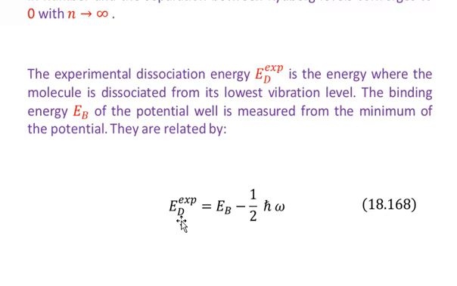So you see that these two quantities are related through the minimum binding energy and through the minimum vibrational energy of the molecule, which is equal to half h bar omega. This is what I have illustrated in one of the graphs of the potential curve, where I mentioned what ED and EB are. You can consult that graph in the previous lecture.